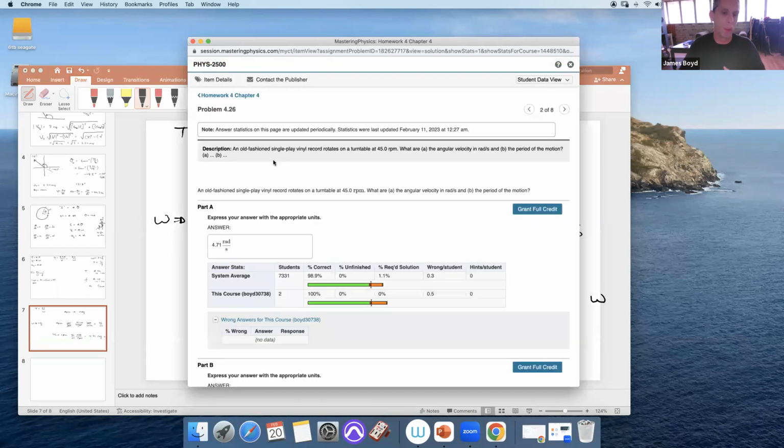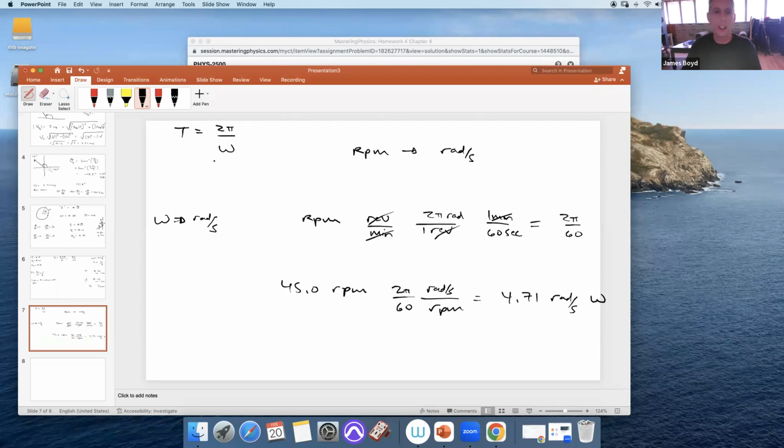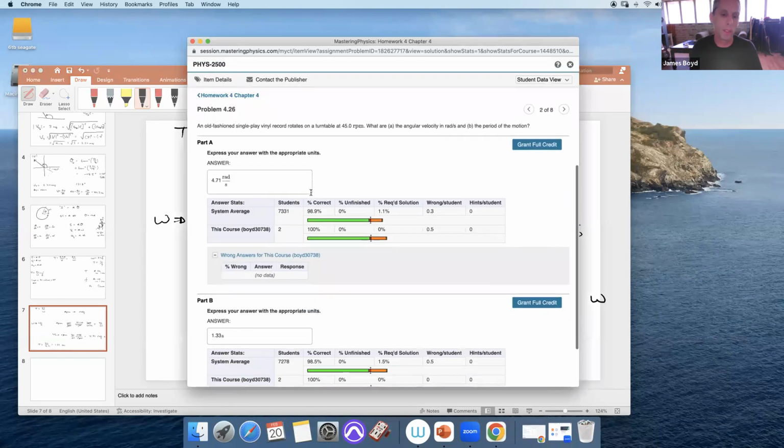To find the period, it's 2 pi over 4.71. So 2 times pi divided by our answer, and we get 1.33. That means it makes 1 revolution every 1.33 seconds.